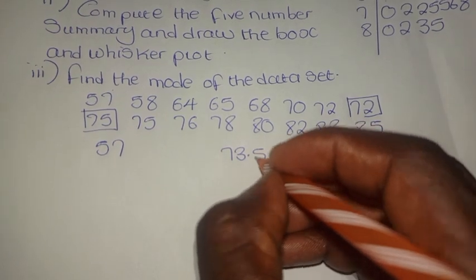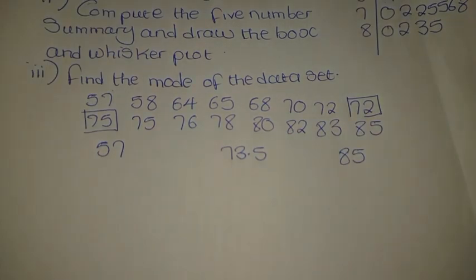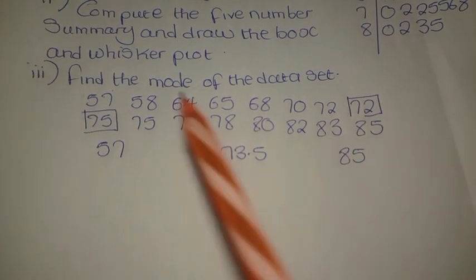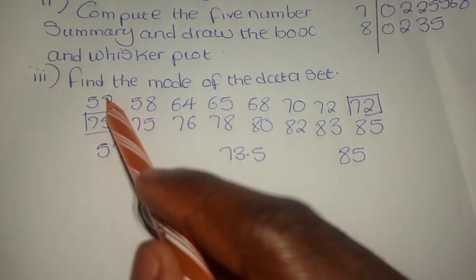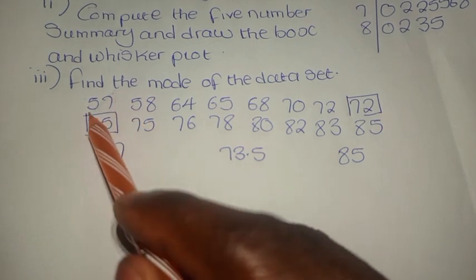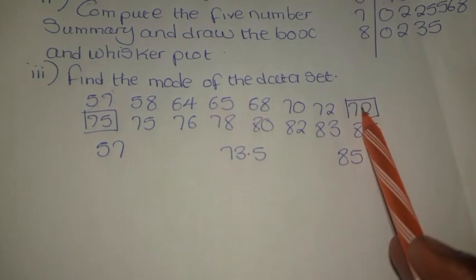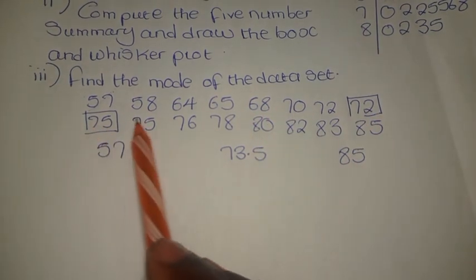Then to get the first quartile, remember these are 8 numbers. You can cancel starting from the smallest. This is the bunch creating the first half, and this is the bunch creating the second half. The first quartile is in this first bunch.